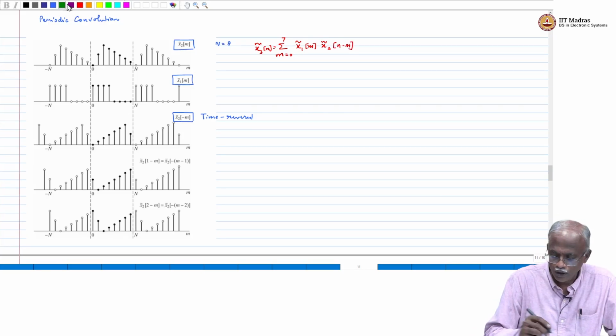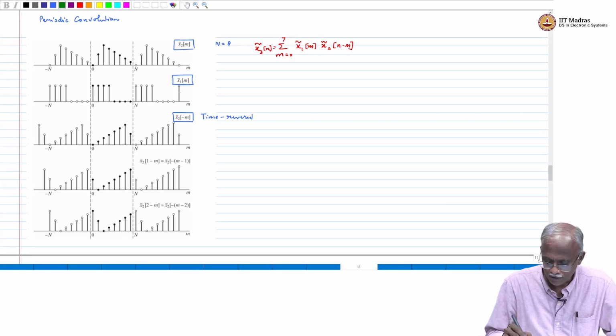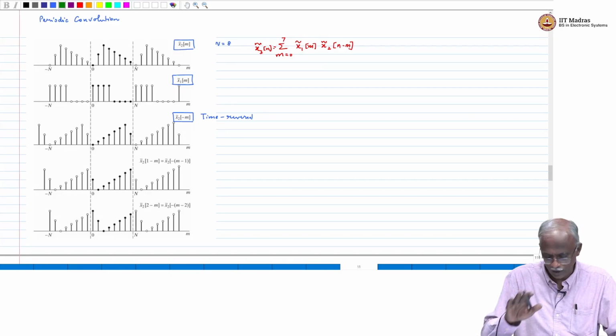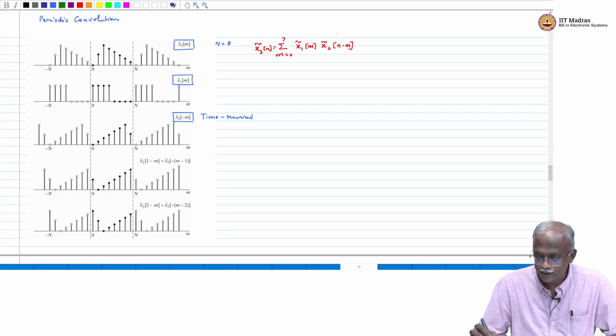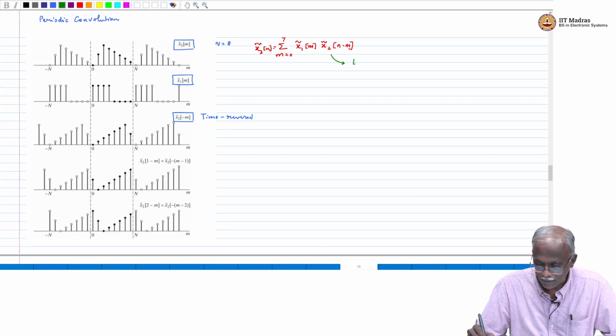This is sequence number 1, and you are keeping it as is. This is sequence number 2, and you will do the time reversal and shifting.